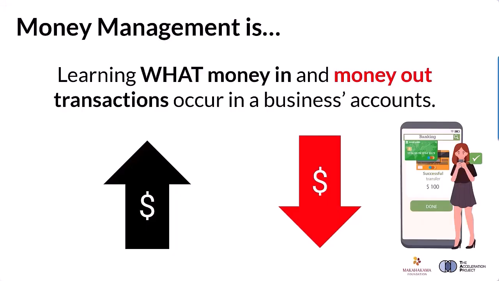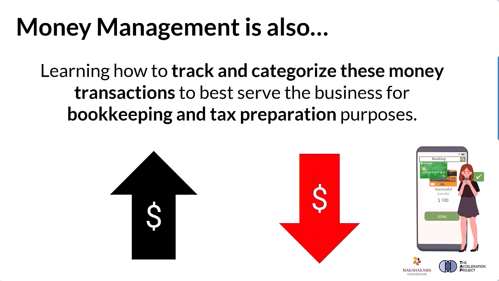Welcome, everyone, to your bonus money in and money out session. Let's do a quick recap of money management. This is learning what money in and money out transactions occur in your business accounts. When we refer to business accounts, we refer to banking, credit card, and other financial institution accounts, and even third-party payment provider accounts.